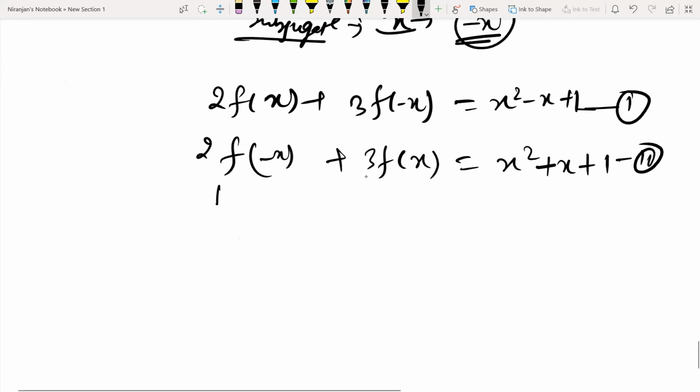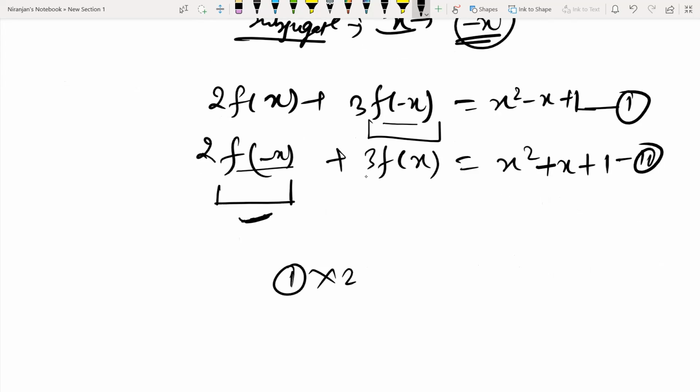What exactly do you need? You need f of x, right? So either you just solve for f of minus x or f of x. So I want to solve for f of x, then I need to just multiply with some numbers and subtract them, one from two, so that the term f of minus x just cancels out. So what I do, I just multiply with 2 in equation 1 and minus 3 in equation 2.